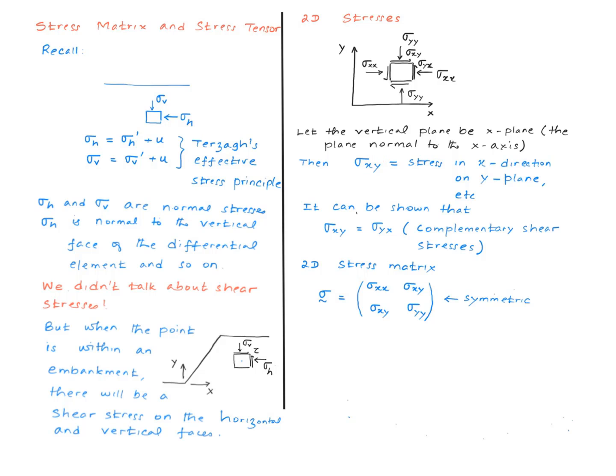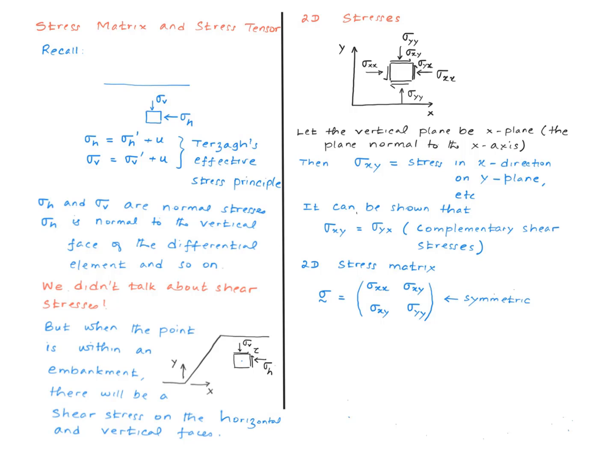Sigma xy means stress in the x direction on the y-plane. For example, this shear stress component, right? This is acting on the y-plane but in the x direction, and therefore we are calling it sigma xy. Similarly, this will be sigma yx, and of course this will be sigma yy because it is acting in the y direction and acting on the y-plane.